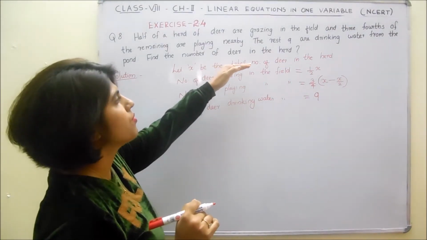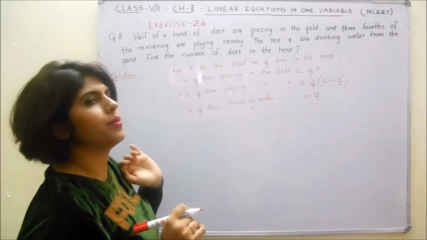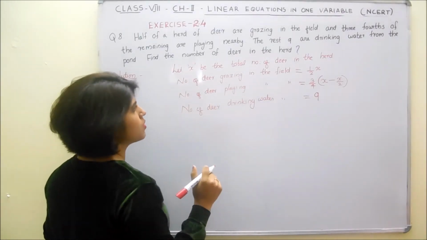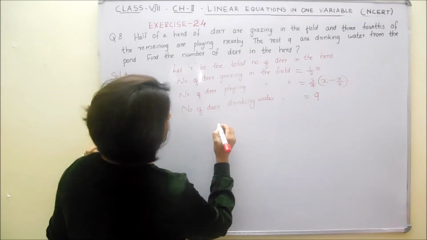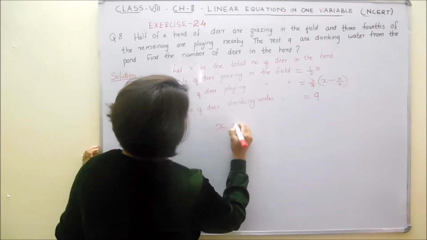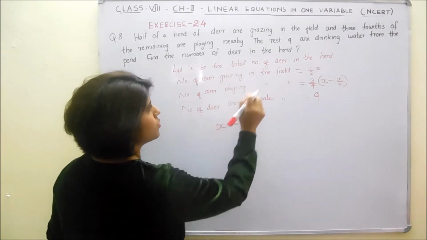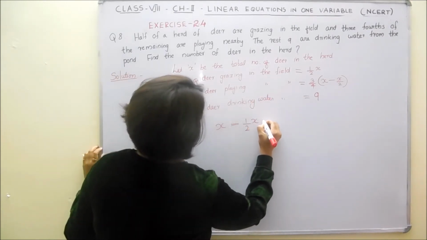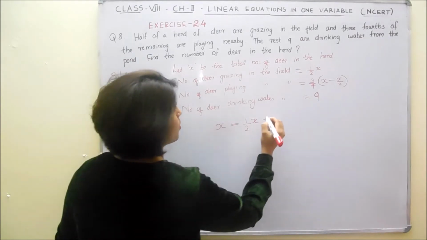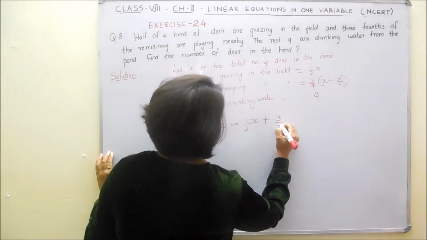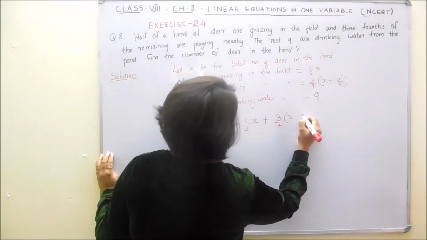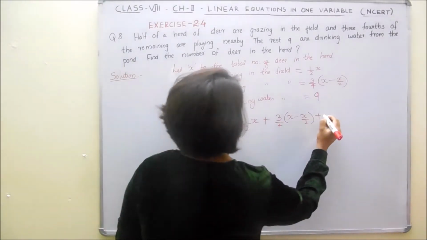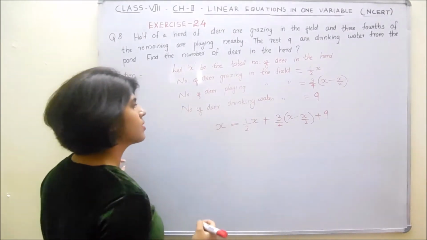We have to find the sum of these three, right? So it is given that x is the total number of deer in the herd, so we can form an equation as x, total number of deer, equal to number of deer grazing in the field plus number of deer playing in the field plus number of deer drinking water, right?